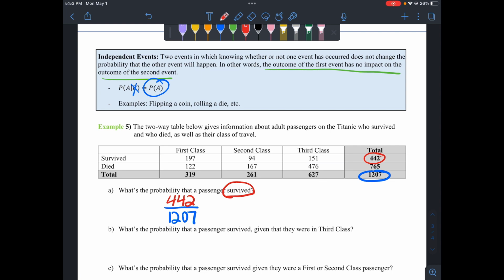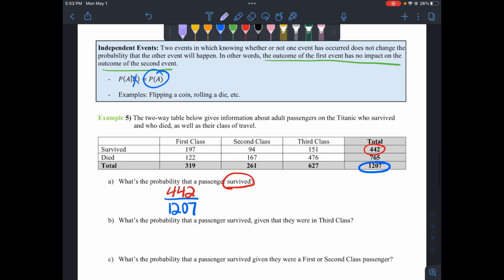In letter B, we are asked, what is the probability that a passenger survived given that they were in third class? So there's your word, given that they were in third class. So the third class is your B event, and the passenger surviving is your A event. So remember, this is your conditional probability.